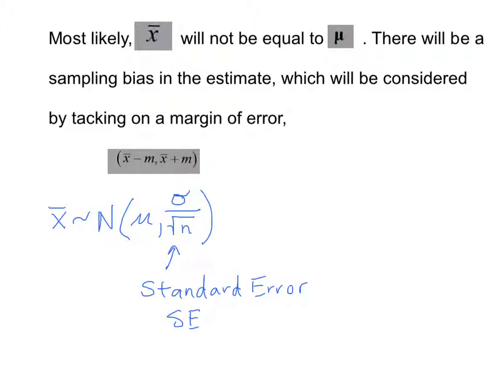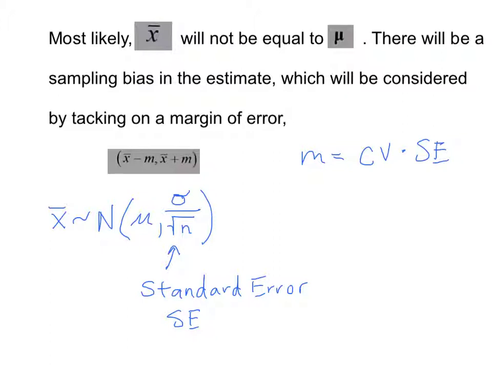Our margin of error, M, is going to be the critical value times the standard error. And the critical value just tells you how many standard errors you need to include to get a particular margin of error.